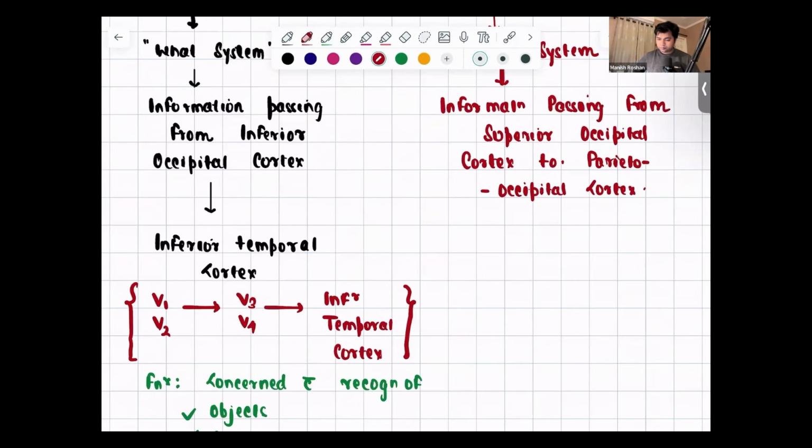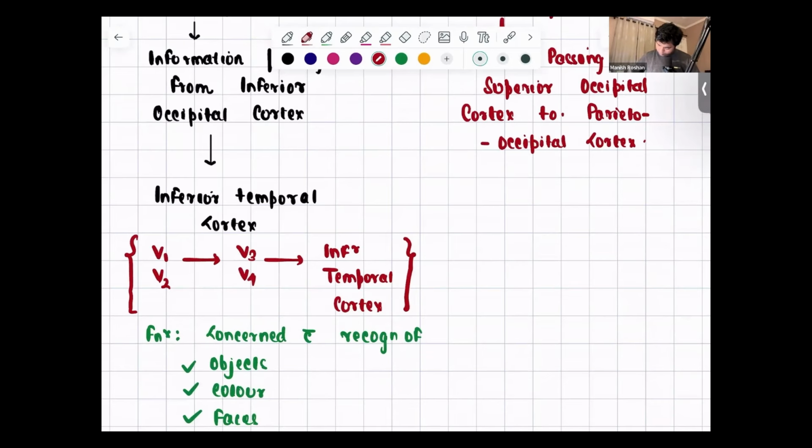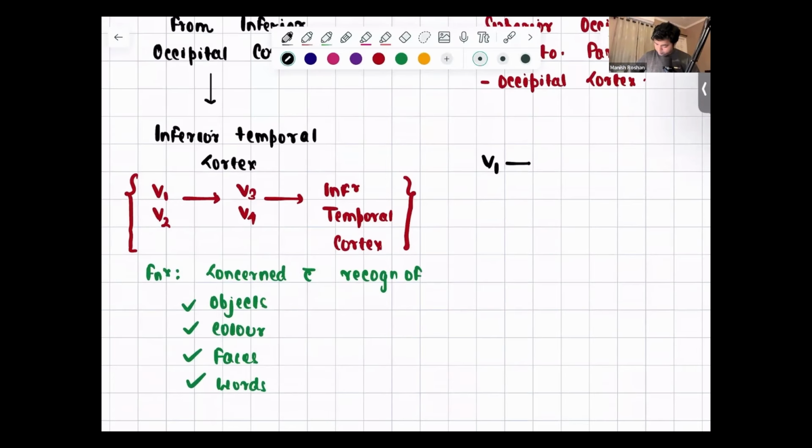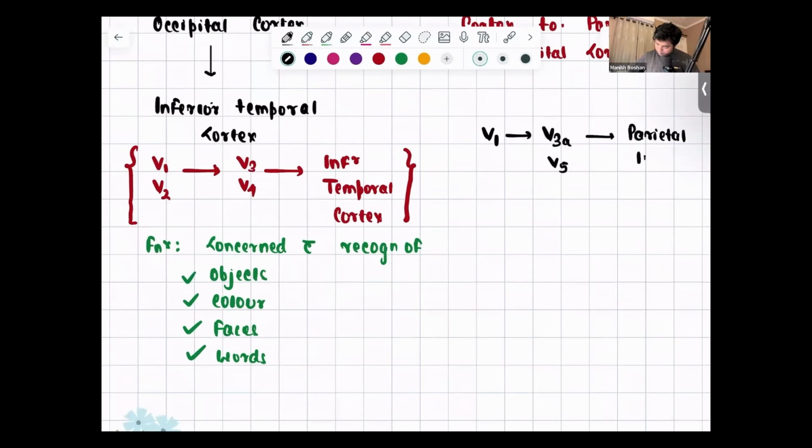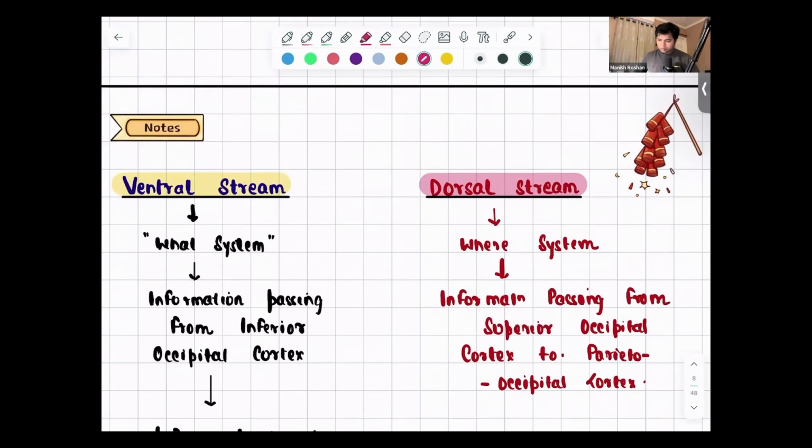Remember this. From V1, it goes to V3A, V5, and then to the parietal lobe. So it is all arising from a single point, that is V1.